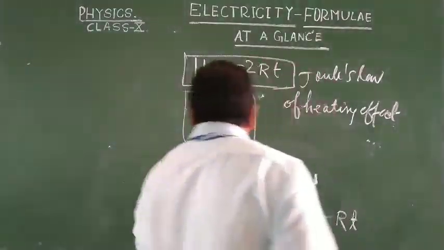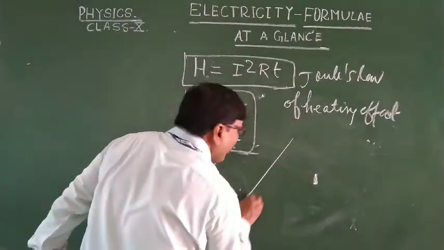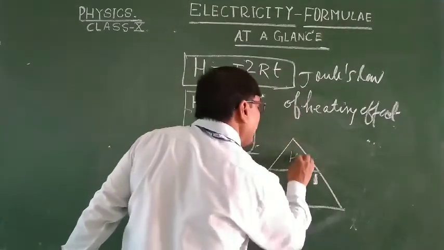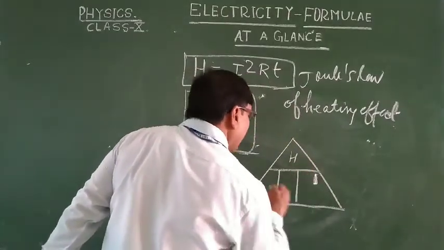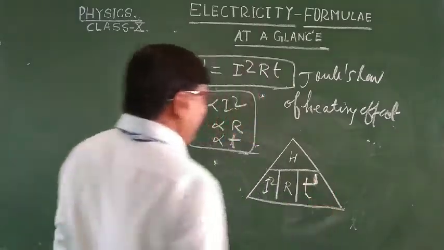Now we can write it again in this form. This is the amount of heat produced: I square RT.